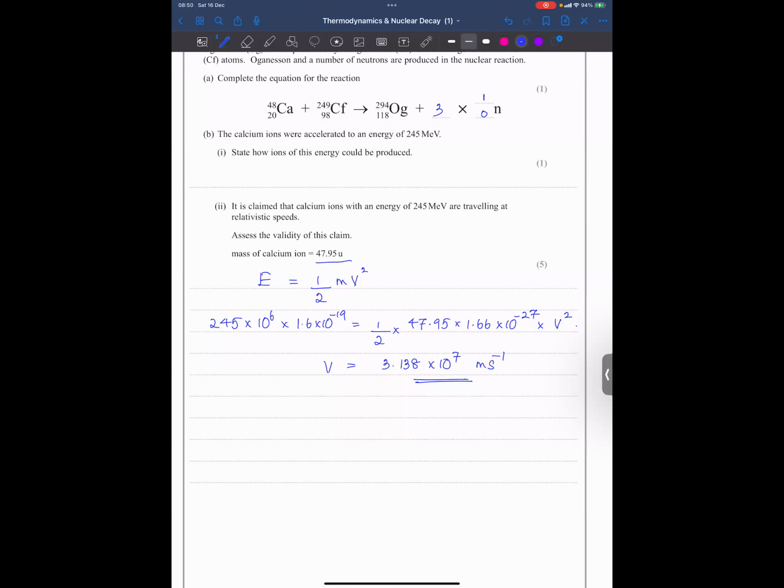Hold on. So 3 into 10 to the power 8 is the speed of light, so 3 into 10 to the power 7 will be 10%. So this is just more than that.